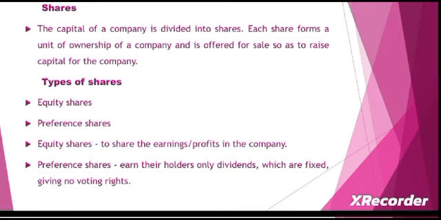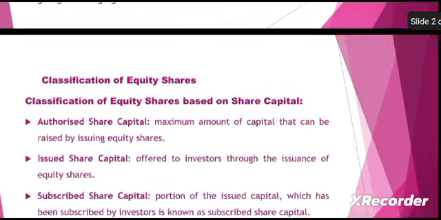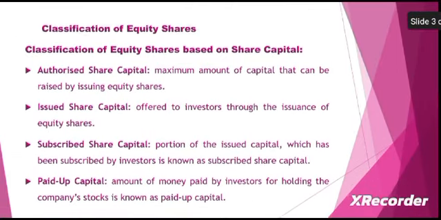Such a shareholder has to share the profits and also bear the losses incurred by the company. Preference shares means the holder of the preference shares only earn dividends which are also fixed, giving no voting rights.